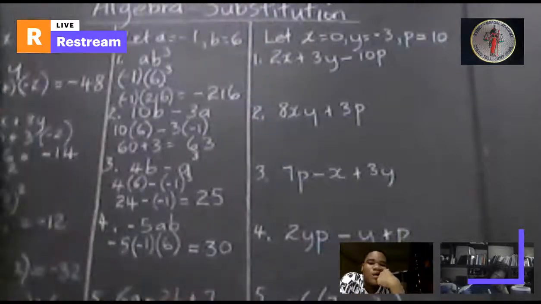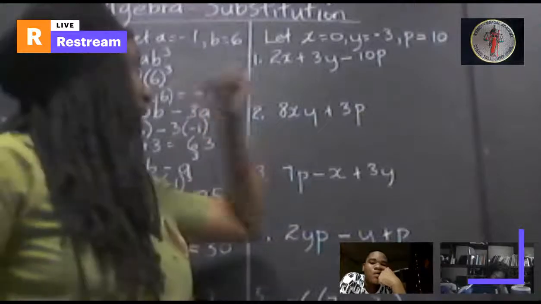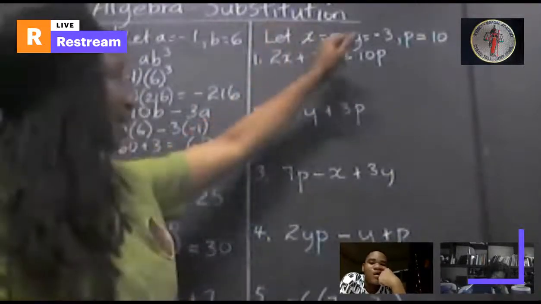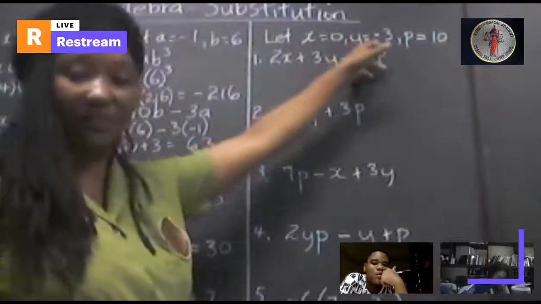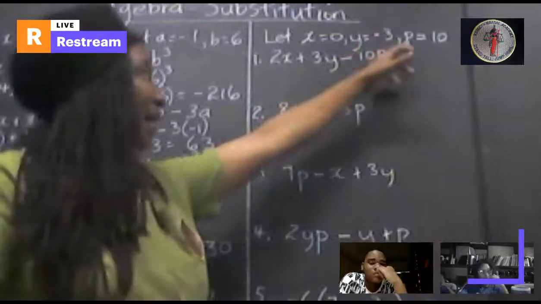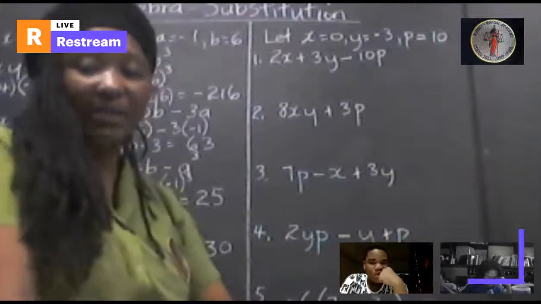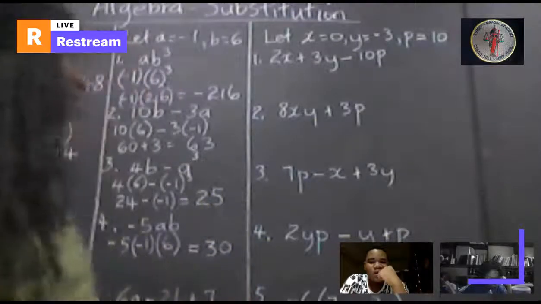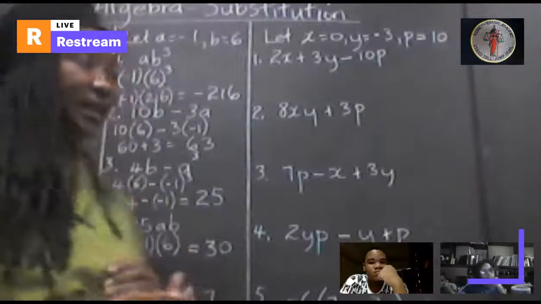In the first batch, x was 4, y was negative 2. This time they're saying let x be 0, let y be negative 3, and let p be 10. So those are the values we're working with right now.